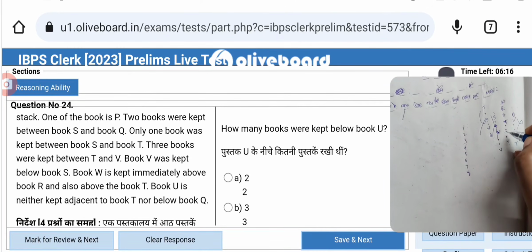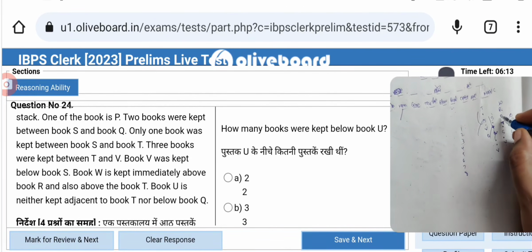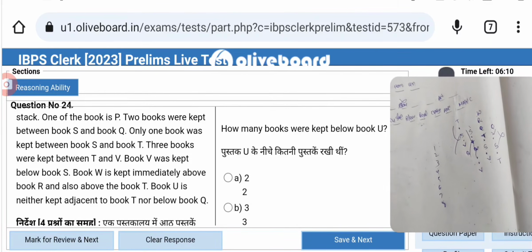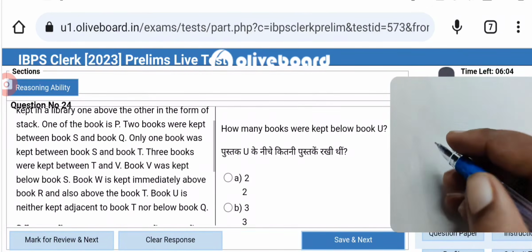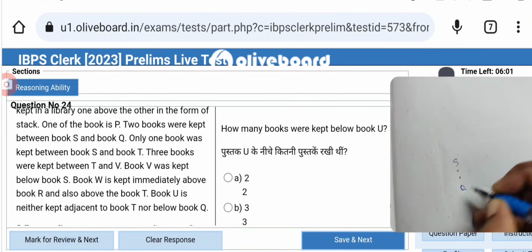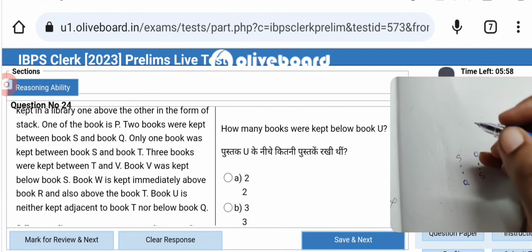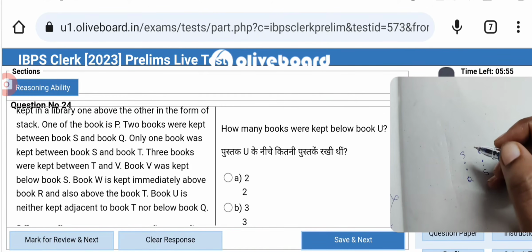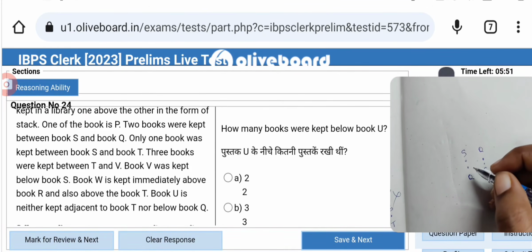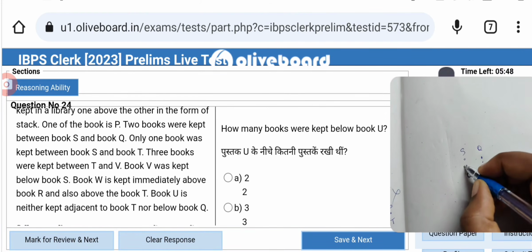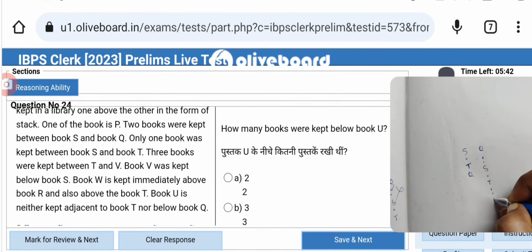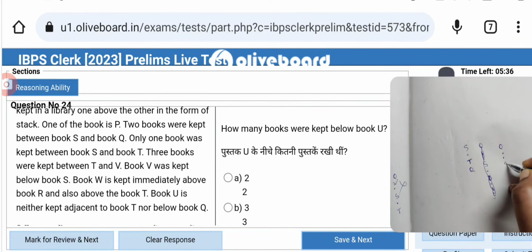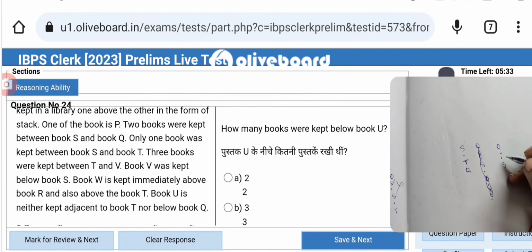U is neither adjacent to T, nor below Q. So U. 2 books between S and Q. 3 books between T and V. V is kept below S. So only one book between S and T. 2 books between T and V. So Q, yes. Only one book between S and T.